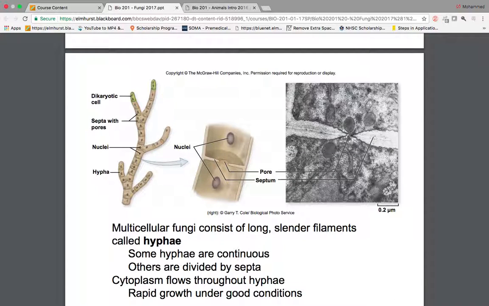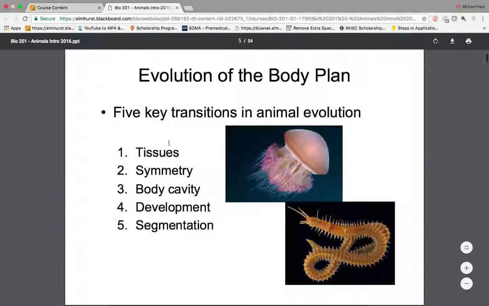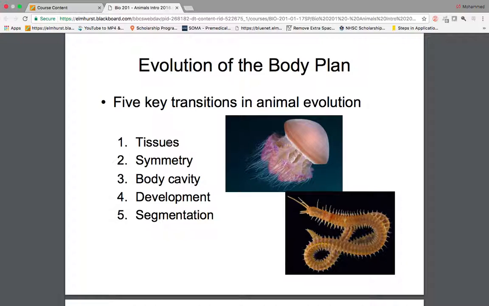Okay, so how we got multicellularity is one of those possibilities. But in the evolution of animals, we see some very clear themes. These are sort of like key transitions, key ideas that help to make the diversity that we see in animals now possible.